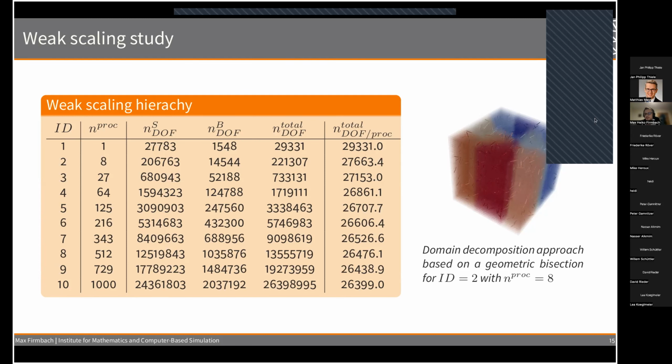So each processor has some part of beams and solids to work on, which is quite important for the algorithm. It won't work properly if you have a partition that is just using solid elements on a certain amount of processors and only beam elements on another set of processors. So we need this mix of solids and beams per processor.